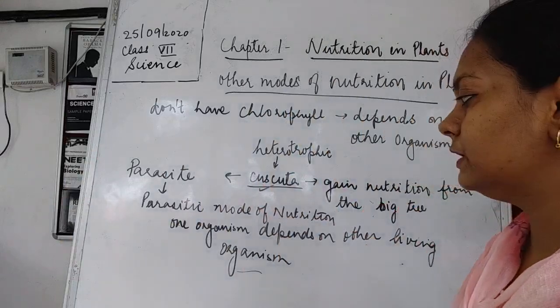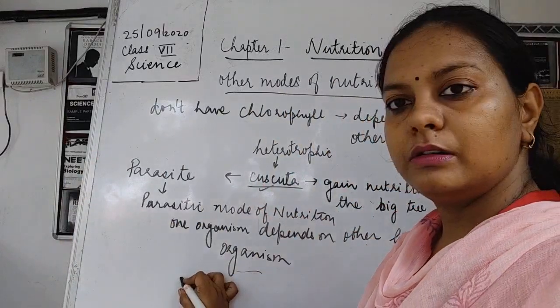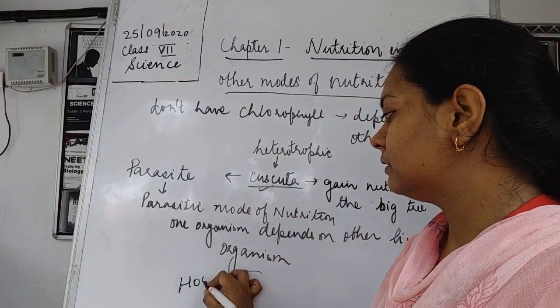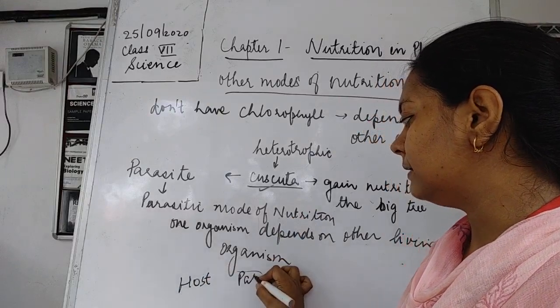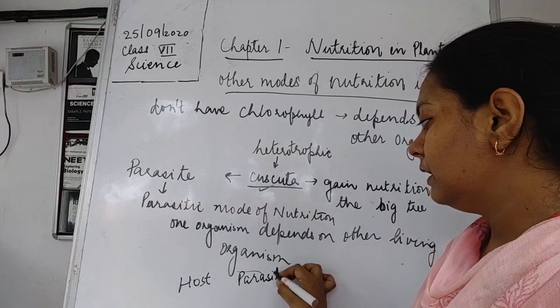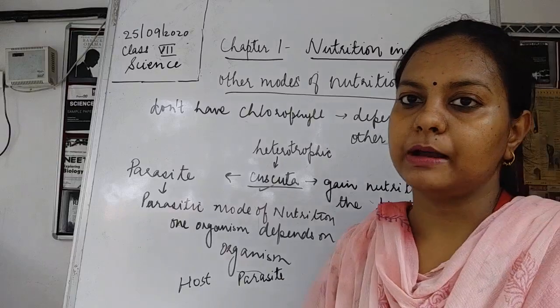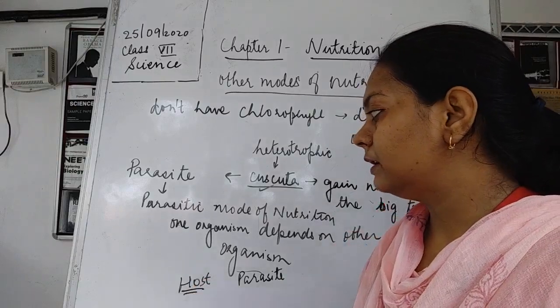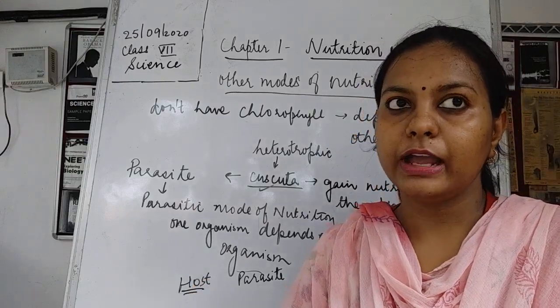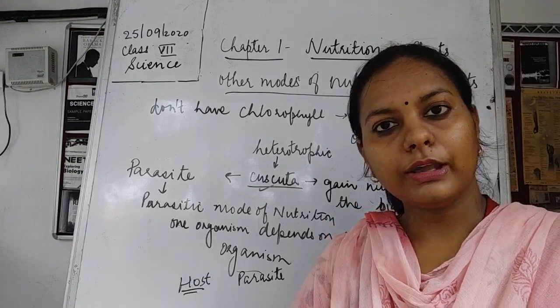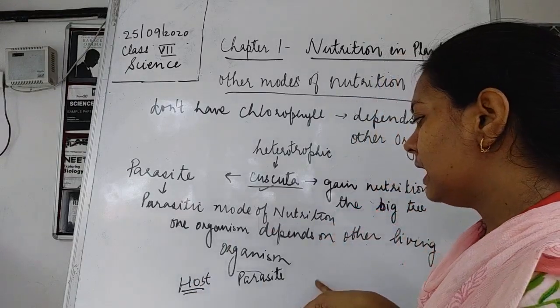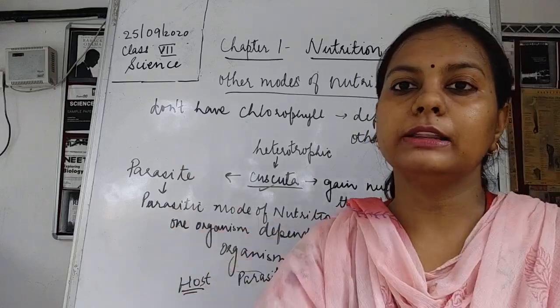Now two words you need to know. One is the host and the other one is the parasite. Now a host-parasite relationship is happening. The host is a plant, the big tree, from where the nutrition would be gained. Parasites are those which live on that host.